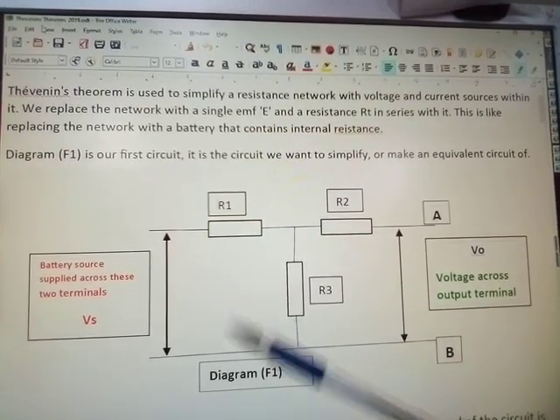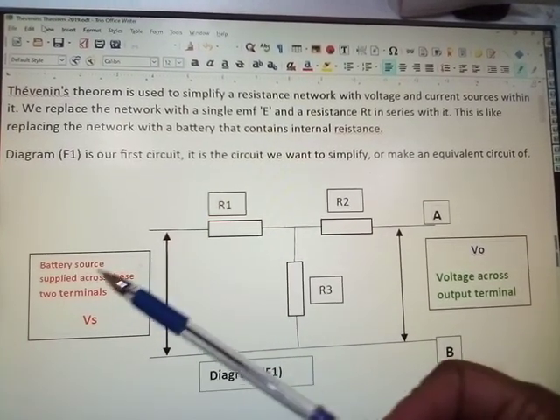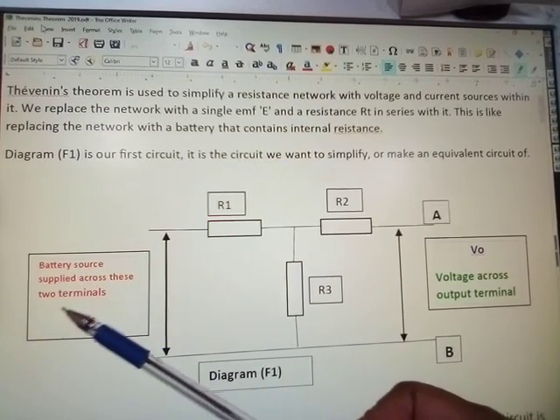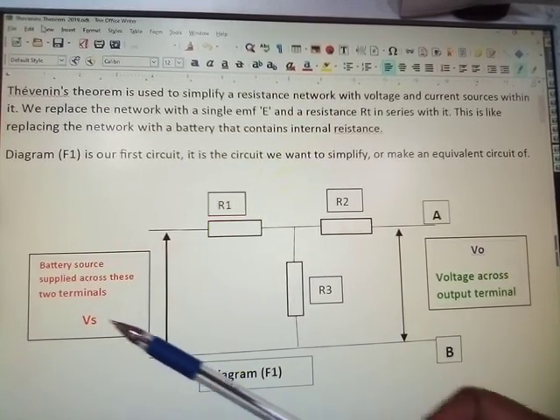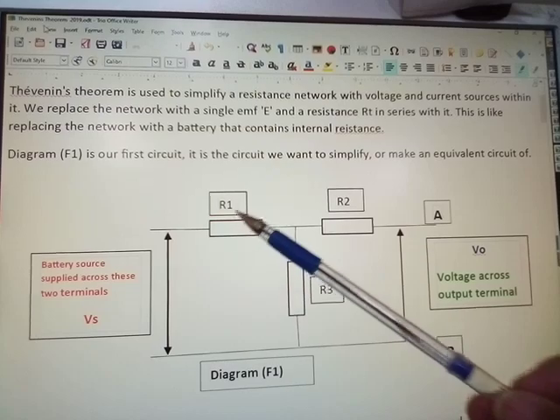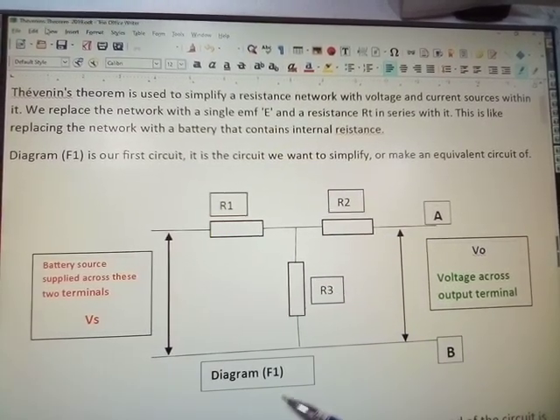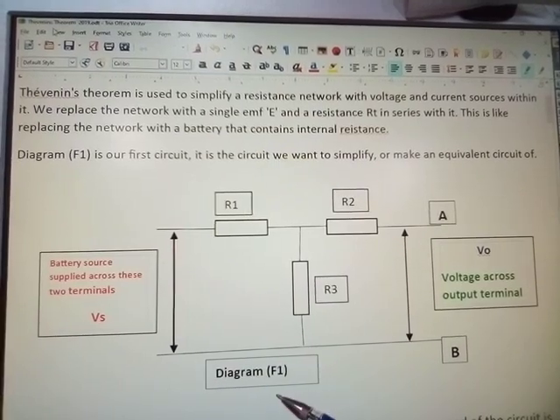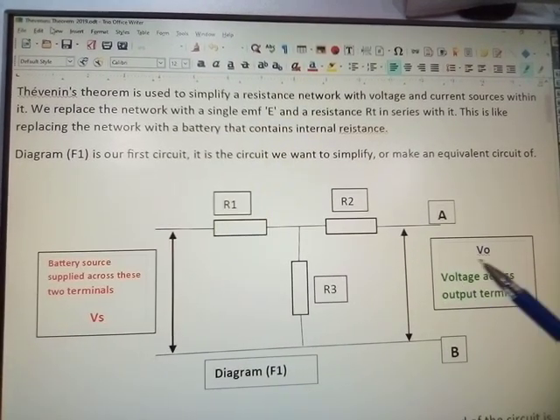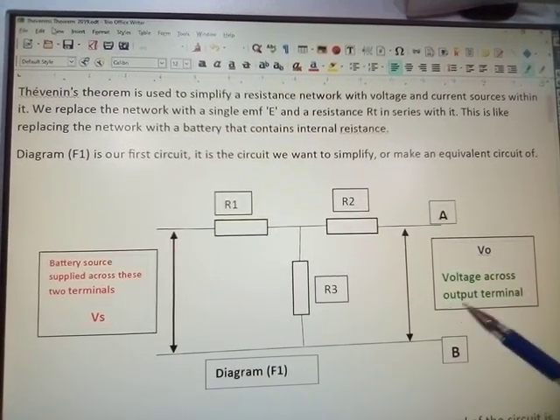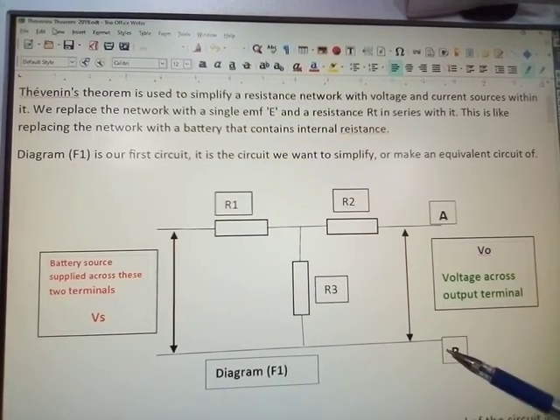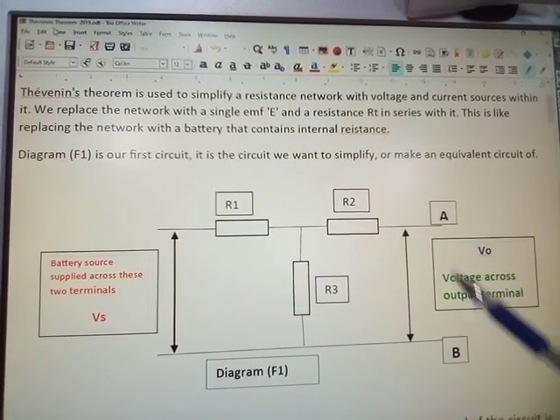And here we have diagram F1. Battery source supplied across these two terminals, Vs. We have R1, R2, R3, as in diagram F1. V out, the voltage across the output terminals, is A and B, and that's what we need to bear in mind.